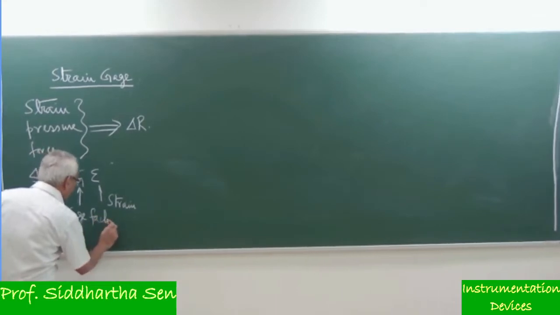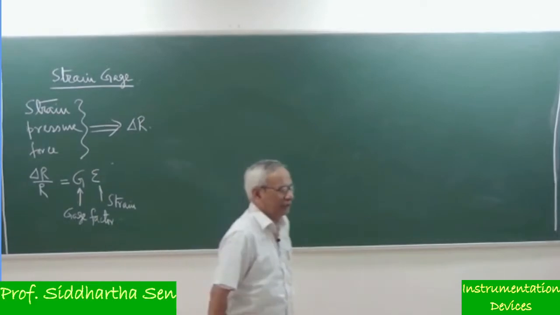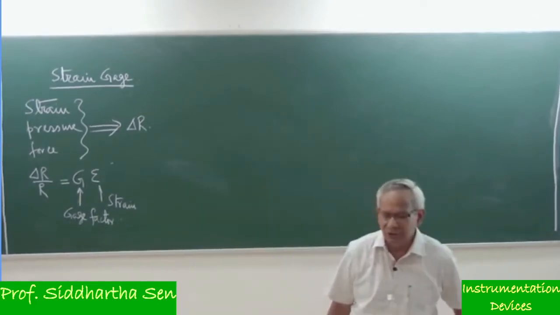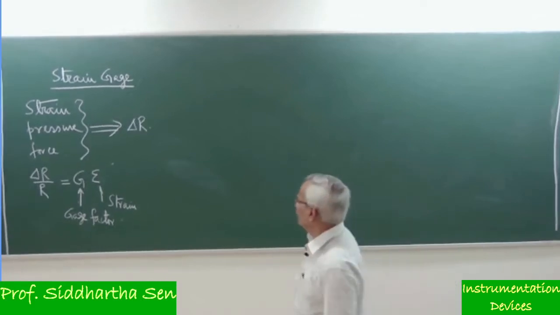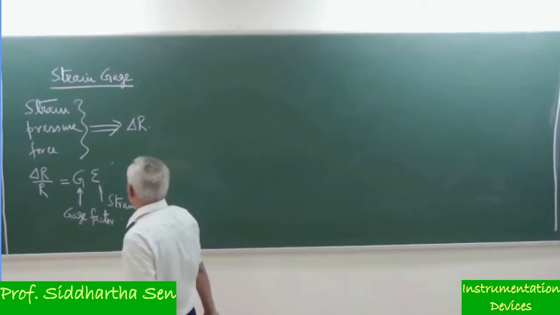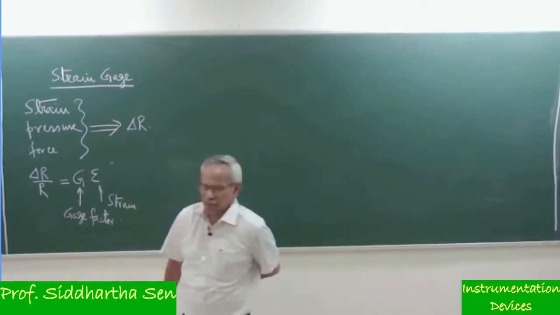We will come to what the gauge factor is afterwards. So delta R by R is related to epsilon by this expression: delta R by R is equal to G into epsilon.